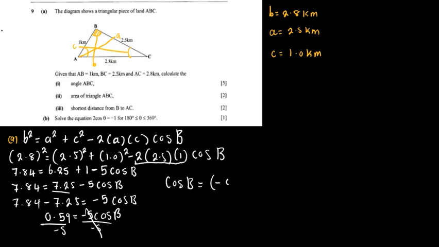We're going to have negative 0.118. All right, so from here what we do, we say B degrees to show the angle is going to equal cosine inverse of negative 0.118.